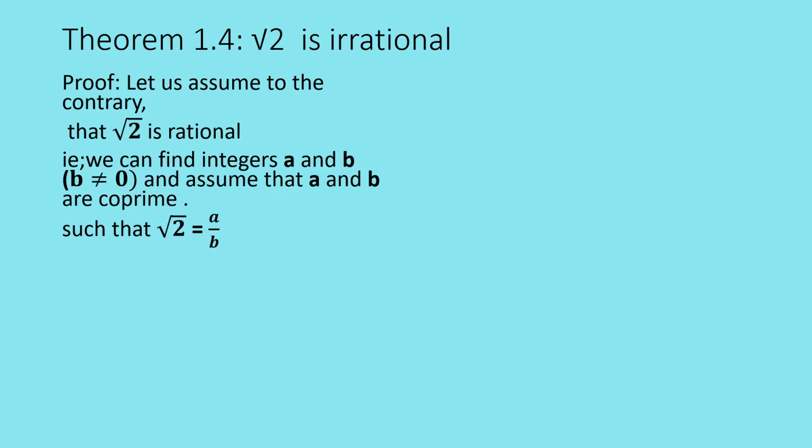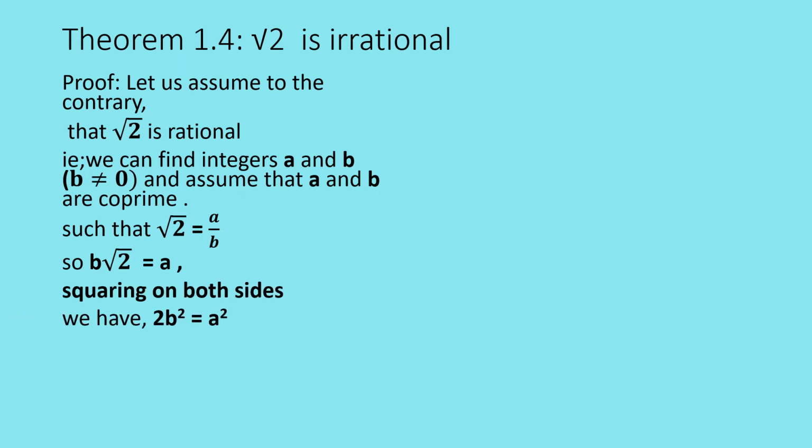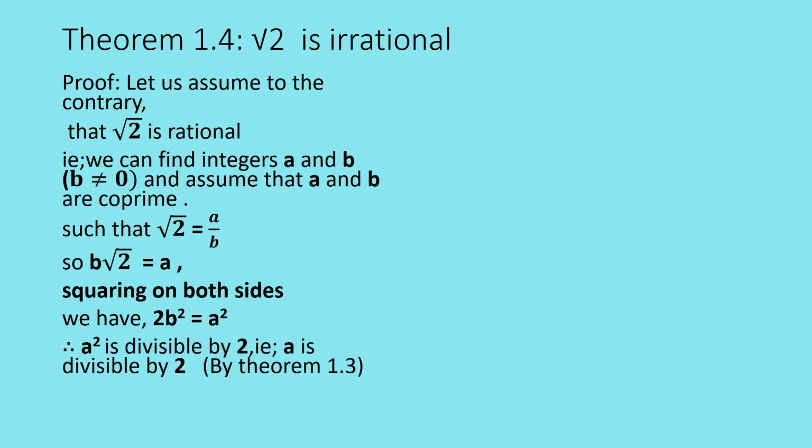By doing the cross multiplication, you will get b root 2 equal to a. On squaring both sides, you will get 2b square equal to a square. Therefore, a square is divisible by 2, that is, a is divisible by 2. This is by theorem 1.3.